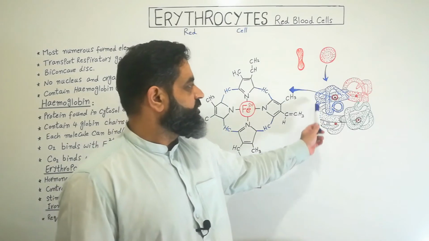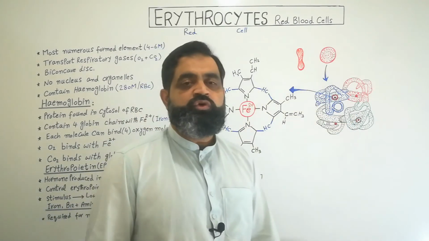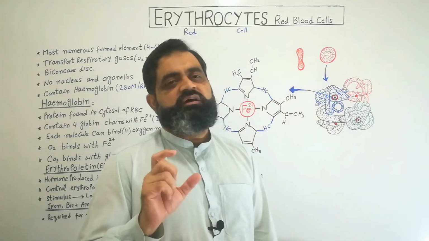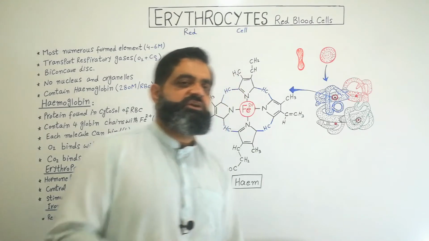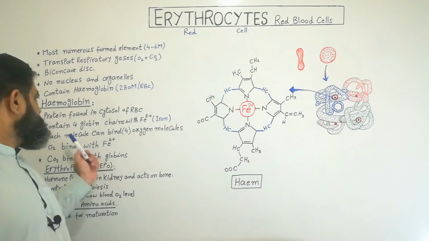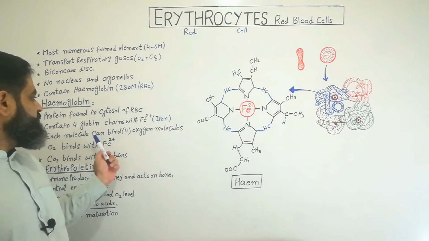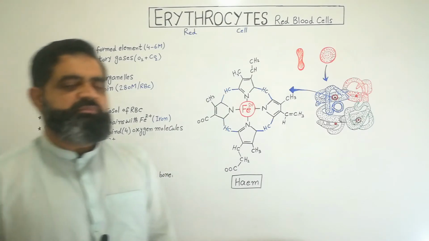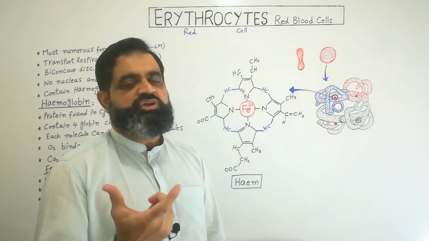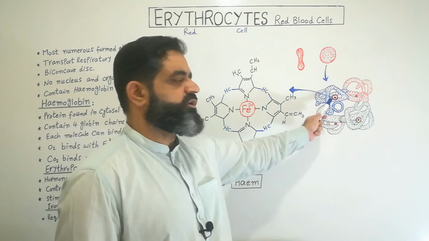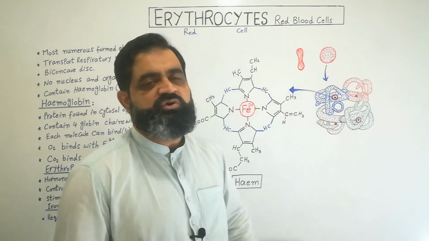So each hemoglobin molecule is made up of 4 globular proteins, globin, 2 alpha chains and 2 beta chains. Each molecule of hemoglobin can bind 4 oxygen molecules. Each chain of amino acids contains a group of molecules known as a coenzyme.